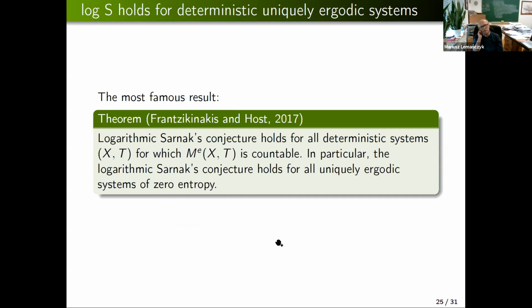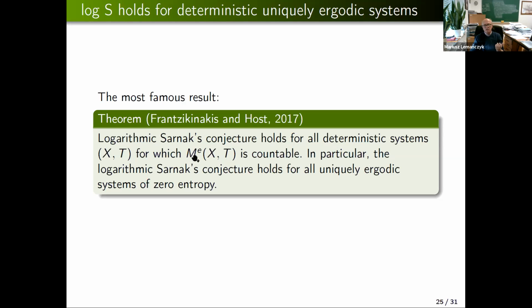Here is a result proved 4 years ago by Frantzikinakis and Host, and this is the most famous result. That's a paper published in Annals. They proved that indeed the logarithmic Sarnak conjecture holds for all deterministic systems, but you have to know that if you look at the invariant measures of your system, you don't have too many measures.